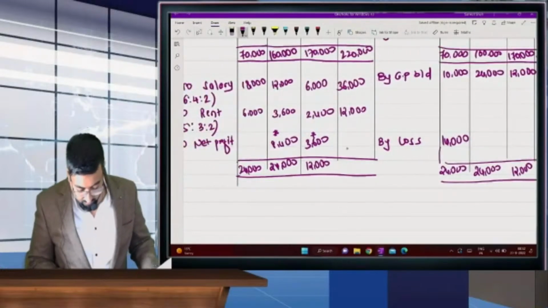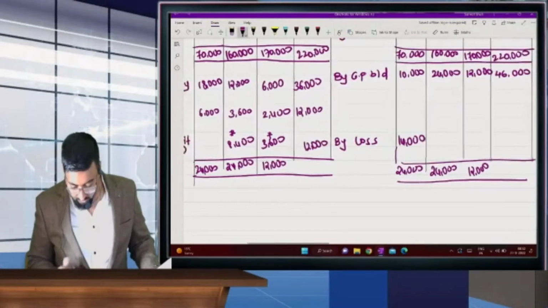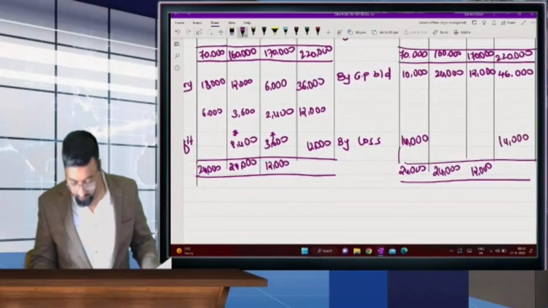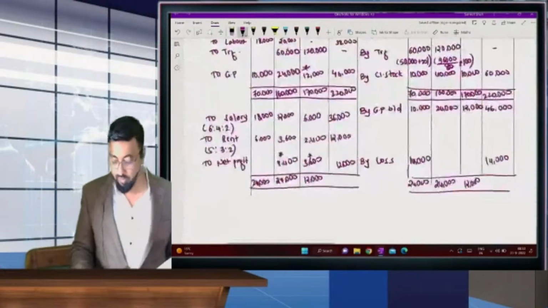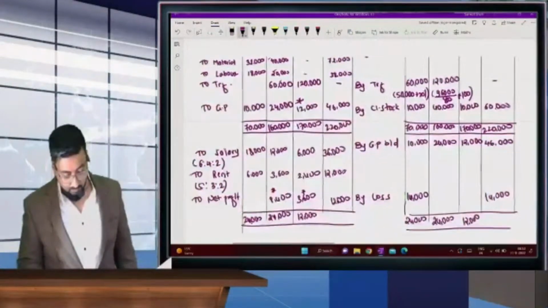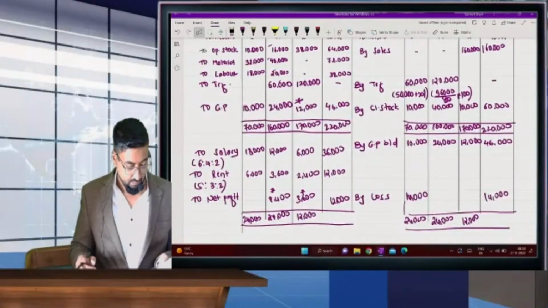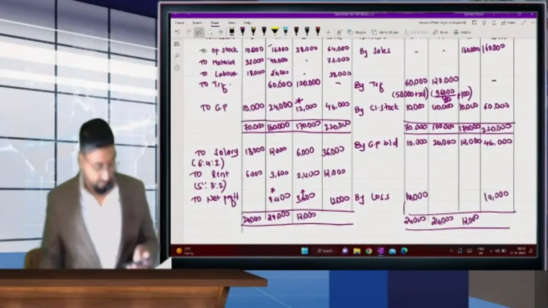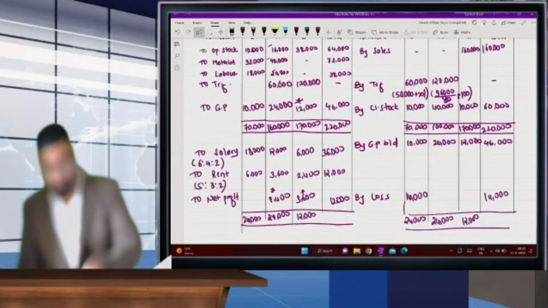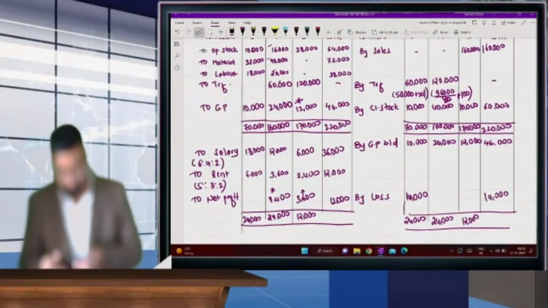And this is 12,000 and loss is 14,000. Yes, till now any confusion, beta? Still we have to calculate closing stock loading.